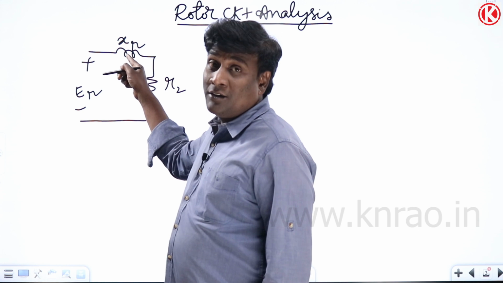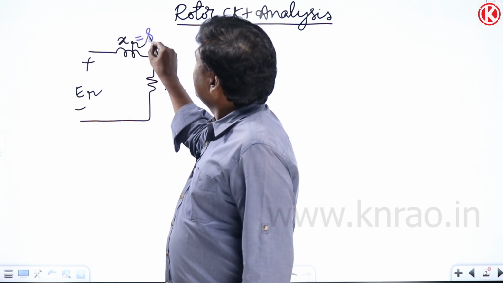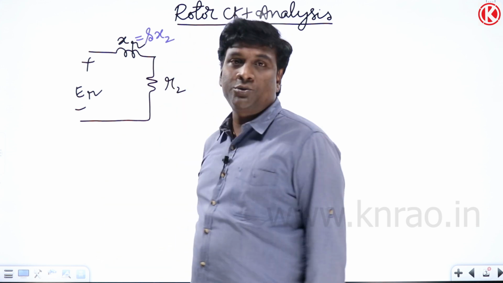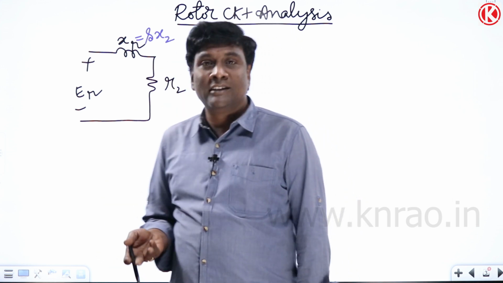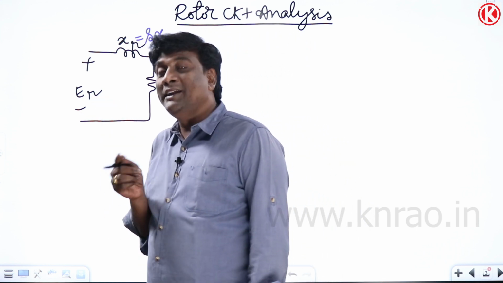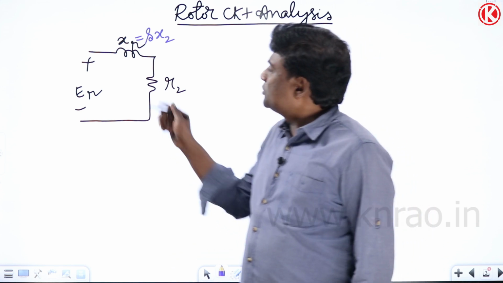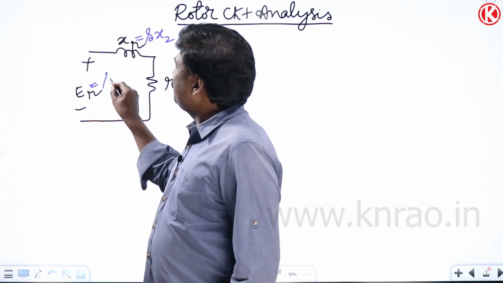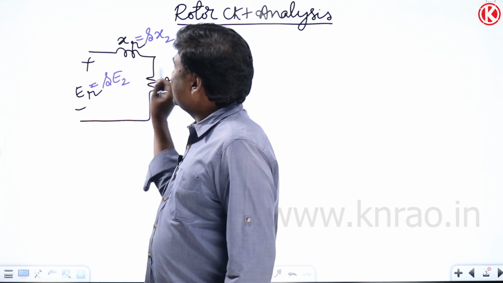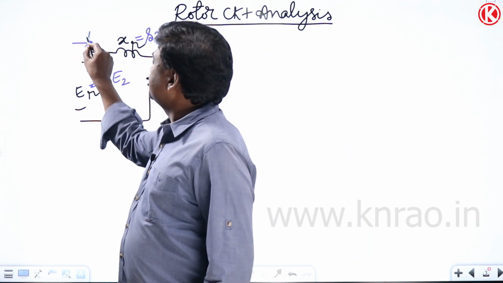So the moment frequency is reduced by slip times, automatically this is going to be S into X2, where X2 is the standstill condition rotor reactance. And rotor induced voltage will be decided by the relative velocity between stator MMF and rotor, so this is going to be slip times the rotor standstill induced voltage. And here current is going to be I2.